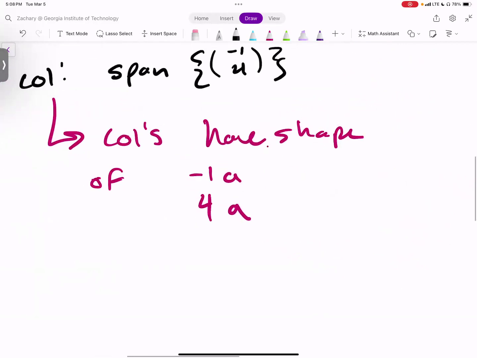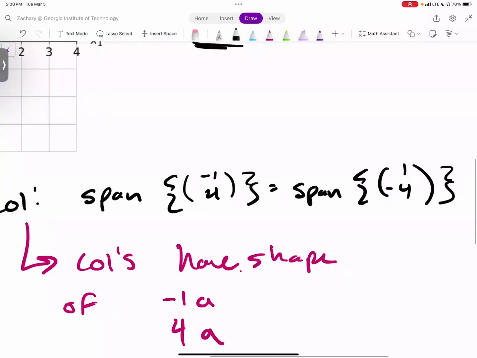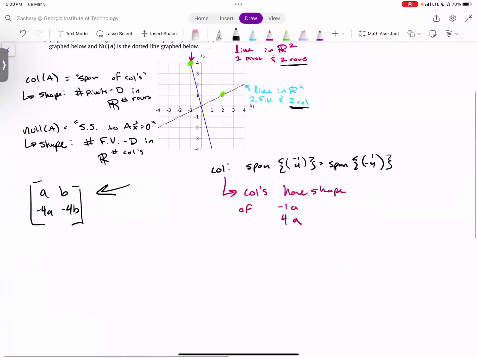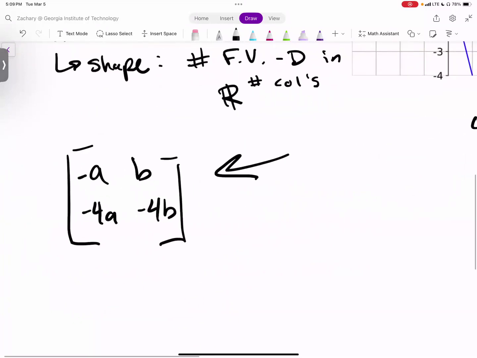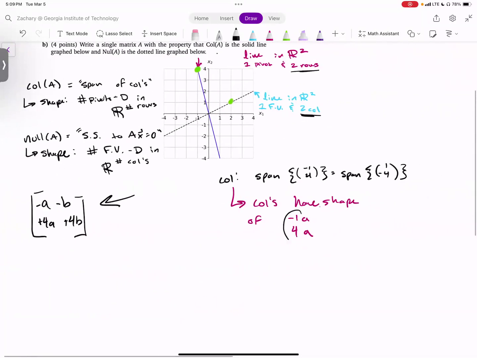Because since these are the span of things, this is just the same thing as saying it's the span of any constant times that. So it's the same thing as span of (1, -4). So another valid thing we could have done was to make this negative A, positive, negative B, positive. It's the same thing. They just have to have this general shape multiplied by any number. Does that make sense?